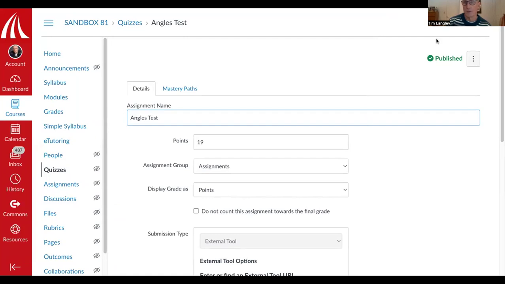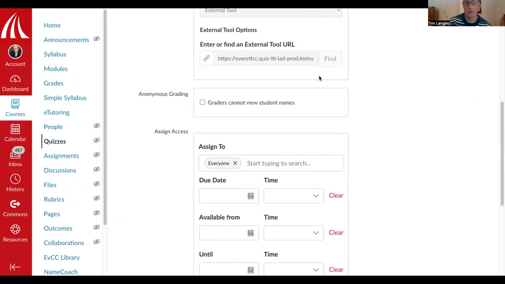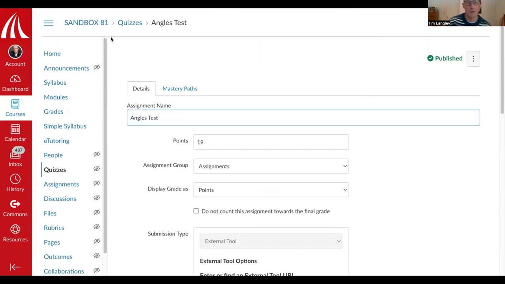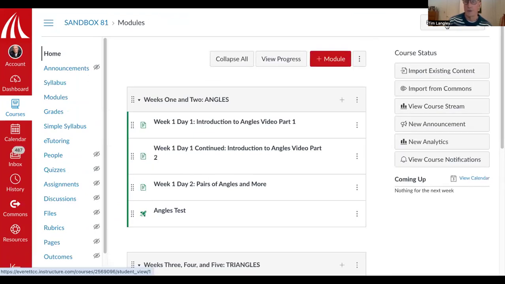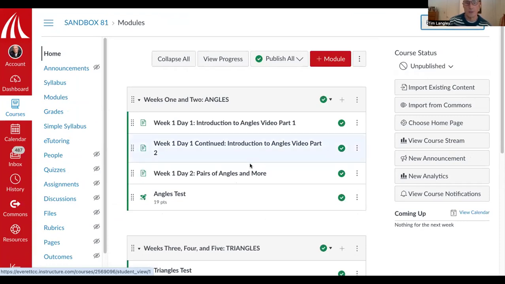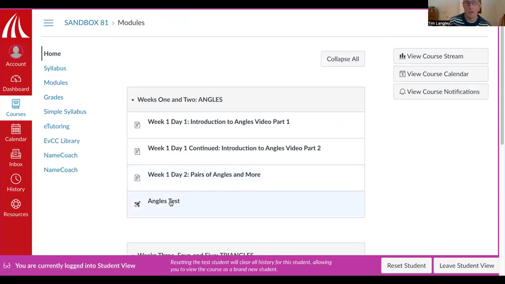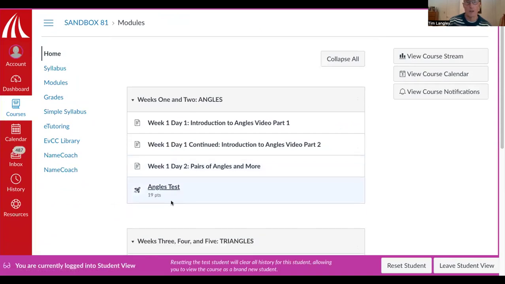Okay, this is giving me my teacher view here, so I'll see if I can give you a student view. Okay, view as a student. There we go, angles test.